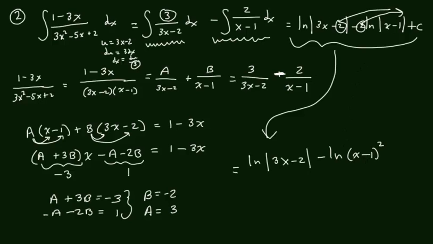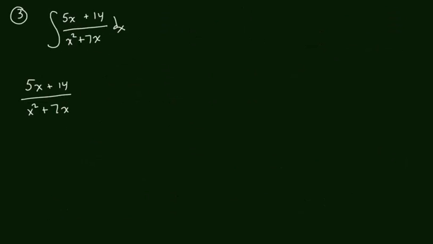I got rid of the absolute value because it's now squared and I don't need the absolute value. Plus c. And finally, properties of logs. This is going to be the absolute value of 3x minus 2 over the quantity x minus 1 squared plus c. Let's move on to example 3 as shown here.